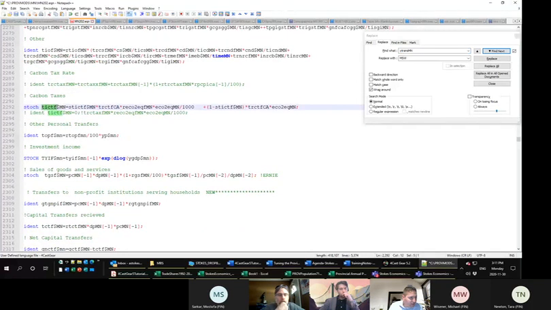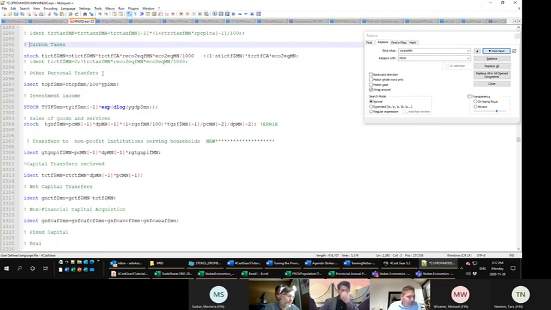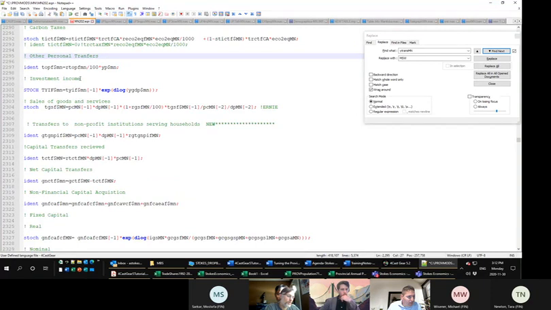There's our new carbon tax component. This is basically a switch. That's your carbon tax rate. And this is the actual megatons of CO2 equivalent emissions, so whether there's a rate on or not. Then investment income.